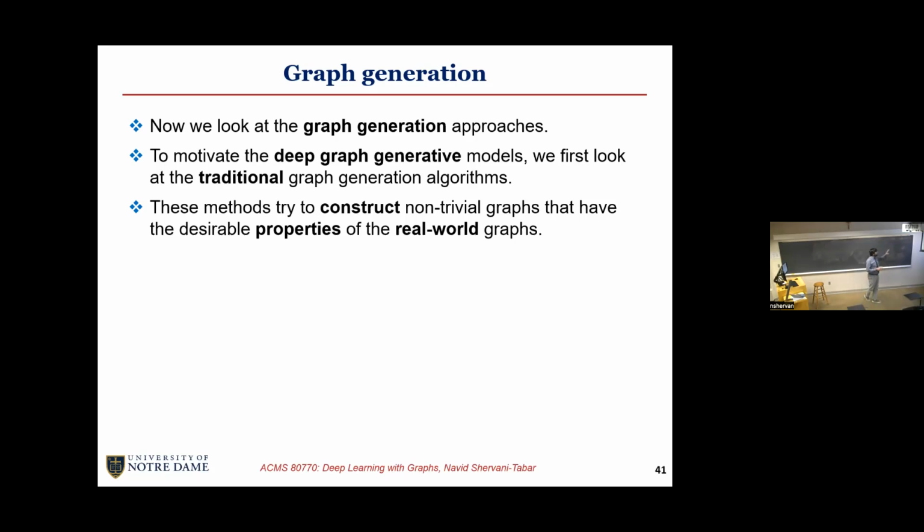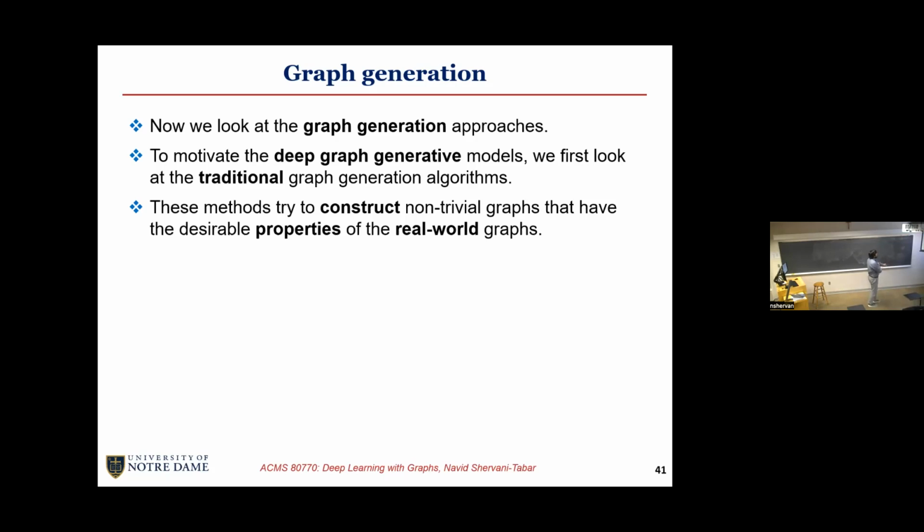For that, before going to deep generative models, what we want to look at is the traditional approaches with which, before even machine learning or any deep learning, people generated graphs to study network science essentially. And then we use elements of these approaches in order to build our deep generative models.